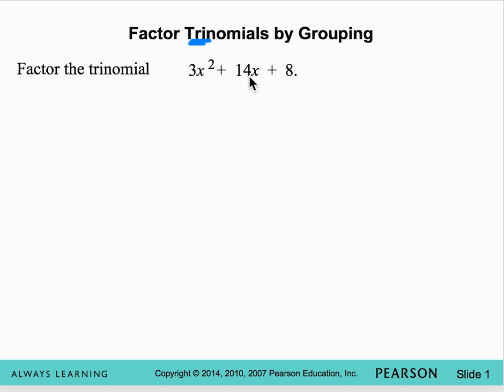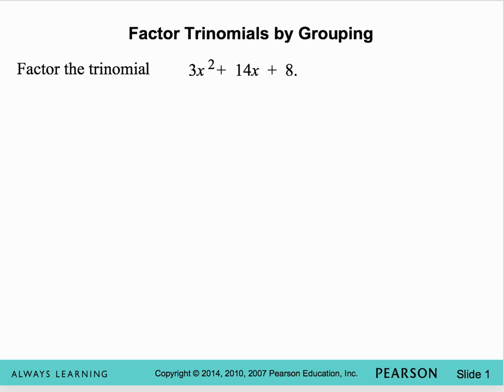Okay, so I got to make sure it's that format. In other words, if this looked like this, I would say, oh, because there's not a common factor, they don't all have an x, 3 and 8 and 14 don't have anything in common, I'd say I'm done with that. That's prime. Okay, so make sure it's the right format.